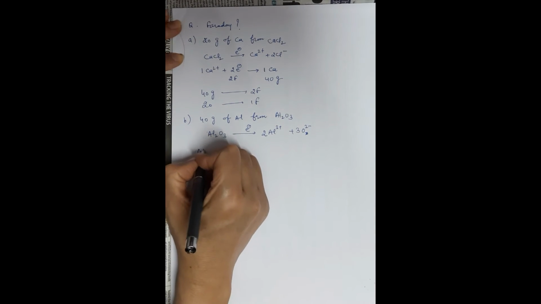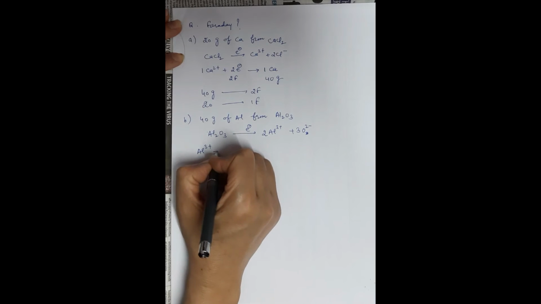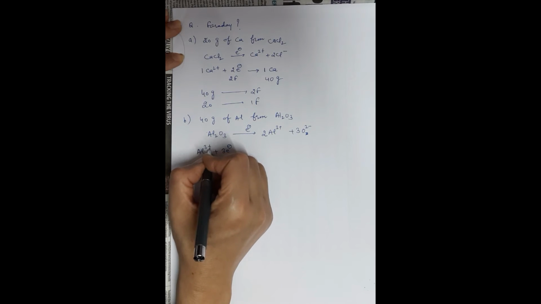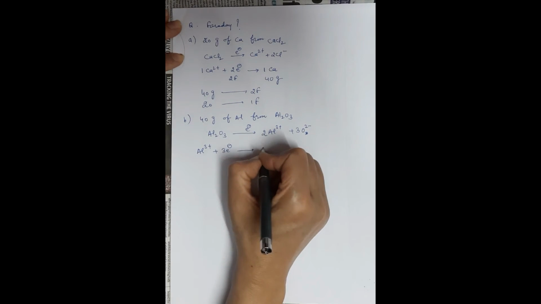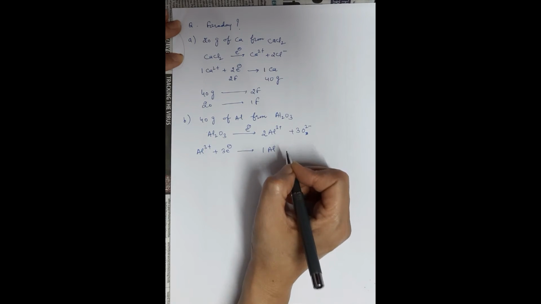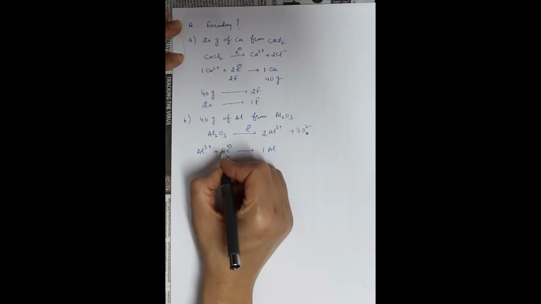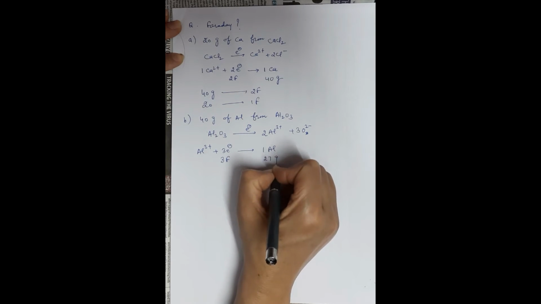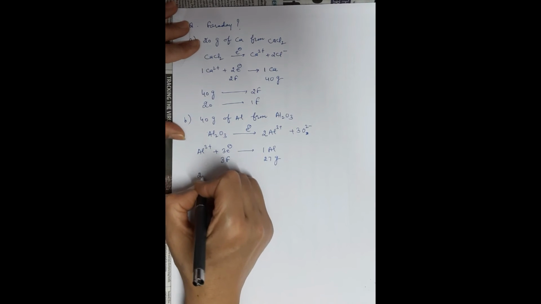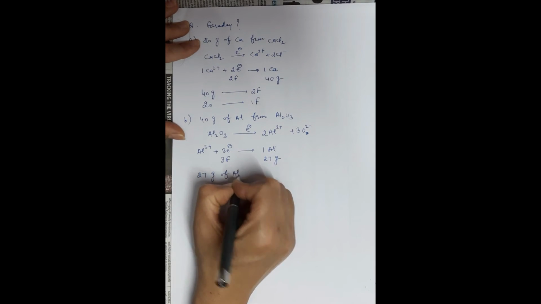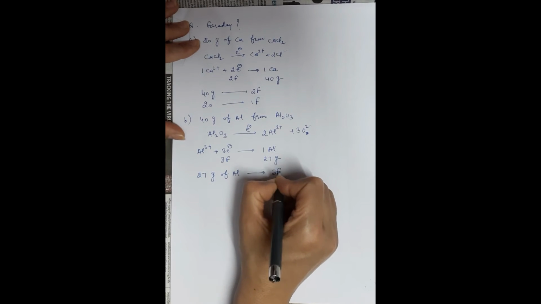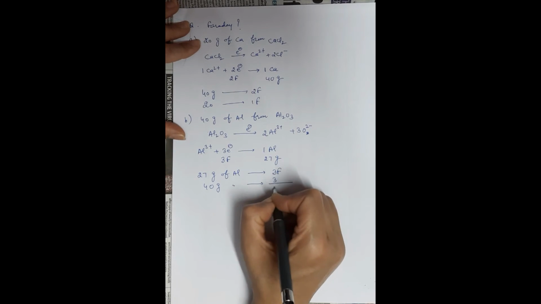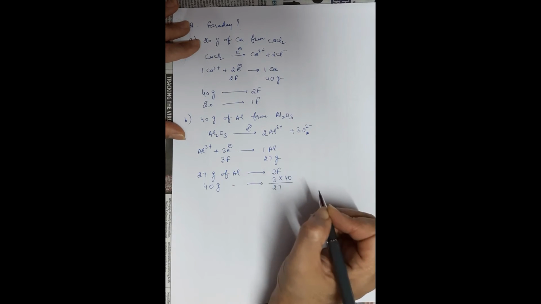So first of all, 1 mole of aluminium ion gains 3 moles of electrons and changes to 1 mole of aluminium metal. So it requires 3 Faraday. The charge on 3 moles of electrons is 3 Faraday. And what is the atomic mass of aluminium? It is 27 gram. So shall I say 27 gram of aluminium is produced by passing 3 Faraday, and 40 gram of aluminium will be produced by 3 upon 27 into 40.